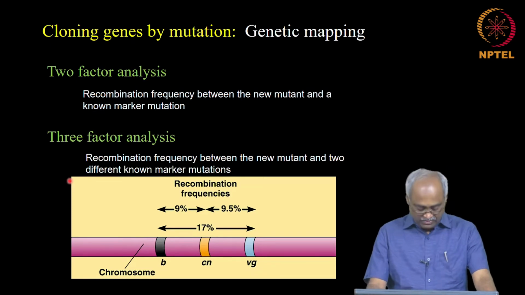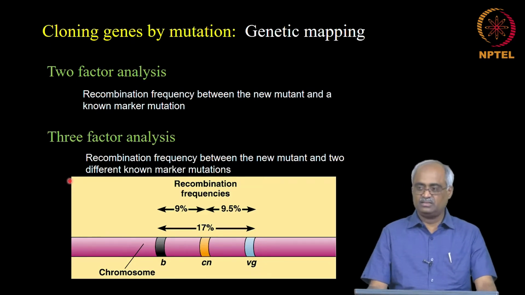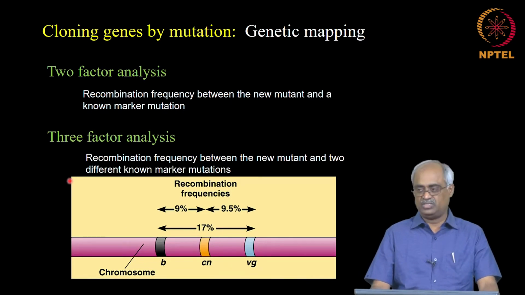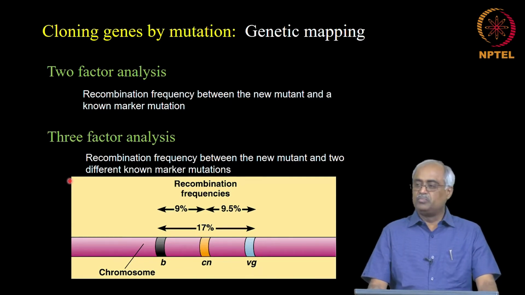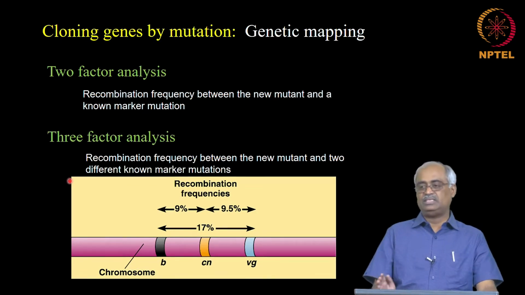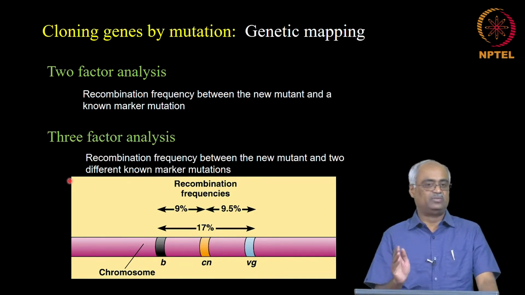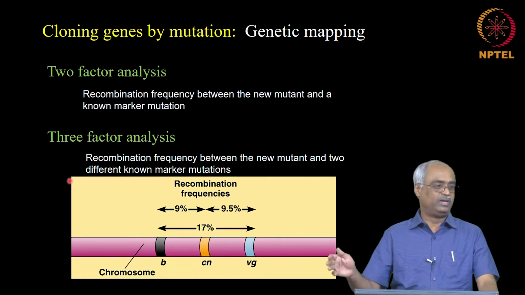For that, we take a known mutant allele of a gene, known meaning we know in which chromosome it is located. In our particular example, since we have 6 chromosomes, we take 6 different markers, each one well known for its position on, let us say, chromosome 1, 2, 3, 4, 5 and X.